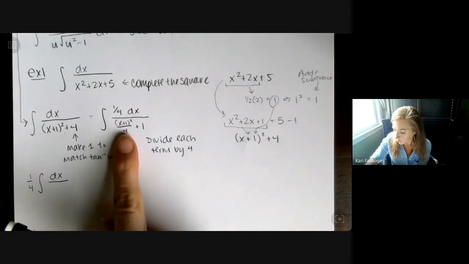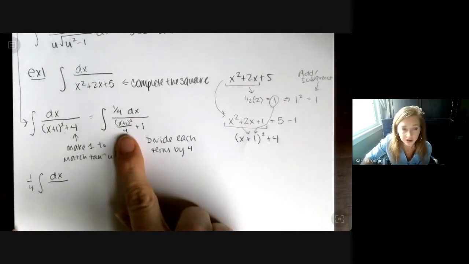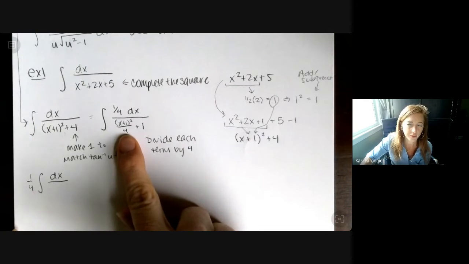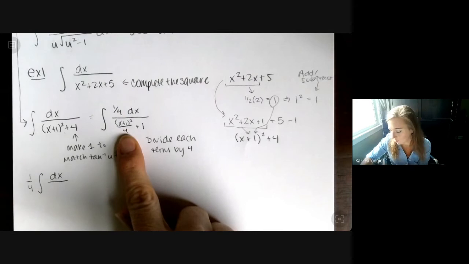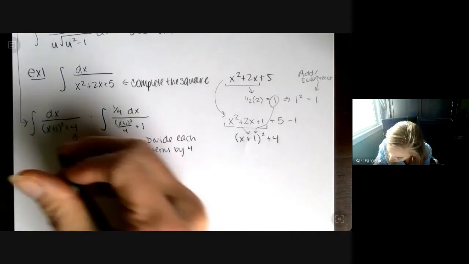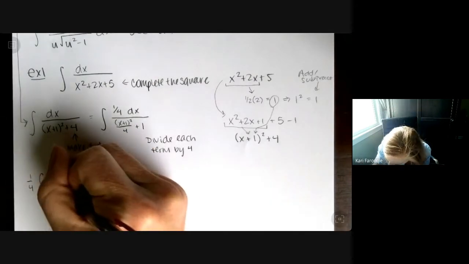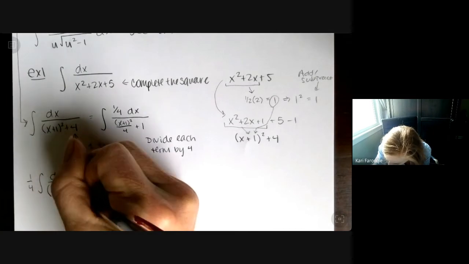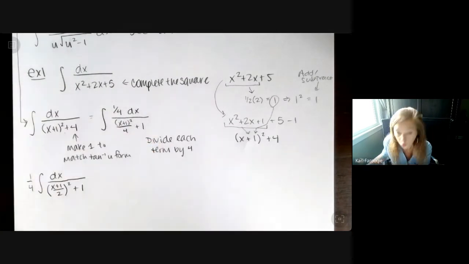And then I'm going to rewrite the x plus 1 quantity squared over 4. And I'm going to do that by taking the square root of 4. So I'm going to take the square root of it and square it because I know that those two operations are going to undo each other. So I'm going to rewrite this as x plus 1 over 2 quantity squared.